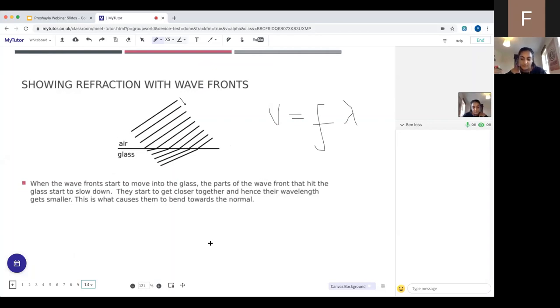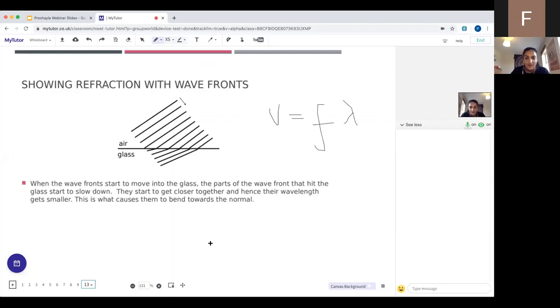Cool, there have been a few questions throughout, and apologies if these have been answered, but I just want to make sure they get covered. Do waves always slow down when going from air to another medium? It depends on what the other medium is. If it's a denser medium, like glass or water, basically anything, because anything's denser than air.